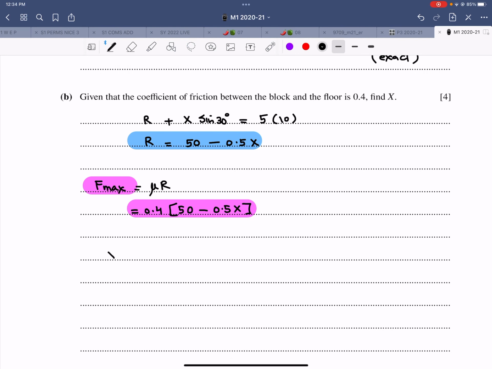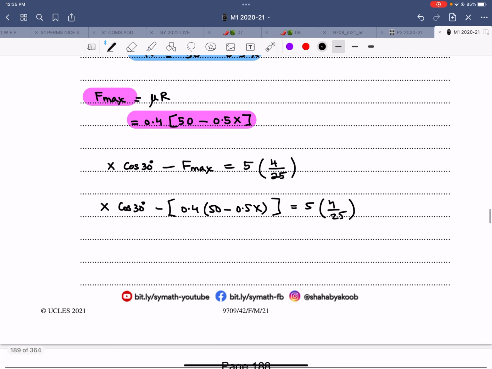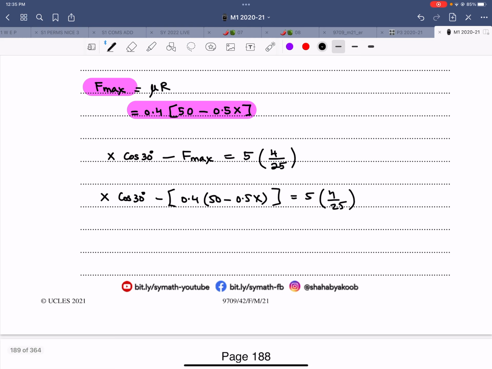So x cosine 30 minus F max is equal to mass, which is 5, into acceleration, which was 4 over 25. And x cosine 30 minus 0.4 into (50 minus 0.5x) is equal to 5 into 4 over 25. And now it's between you and the calculator. You would simplify a simple linear equation and you will find the value of x.